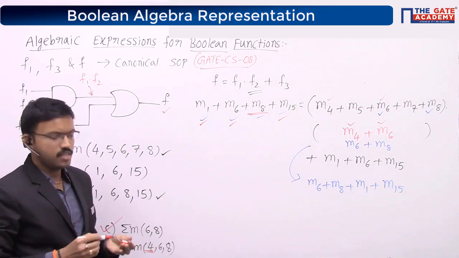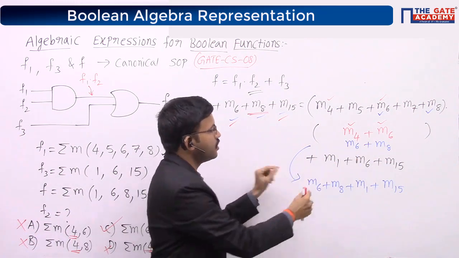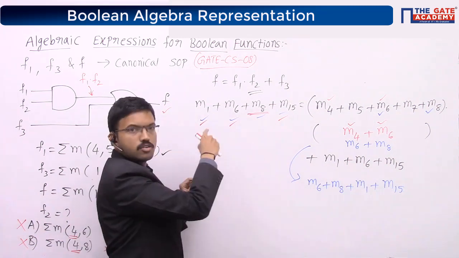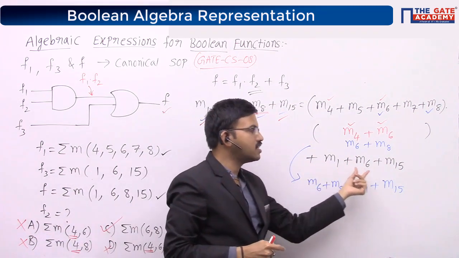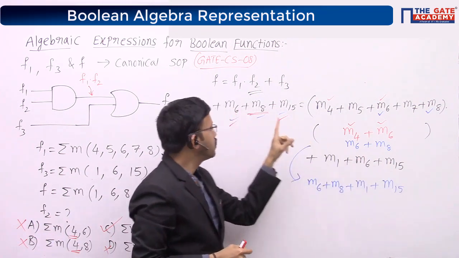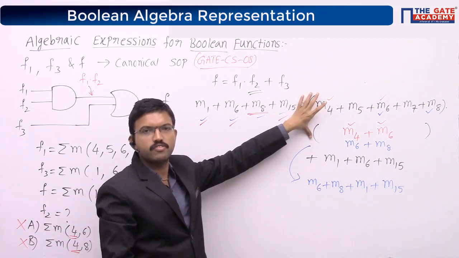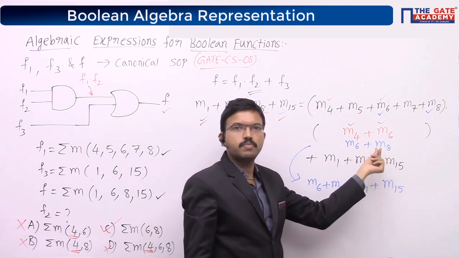So if I can get only m8 from this overall multiplication, then that will be the answer. See here, I am already having m1, m6, m15. In the overall output, you should get these 4 minterms. Among the 4, I already have 3 minterms, 1, 6, 15. So if I can get 8 from this overall multiplication, that will be sufficient. If I consider F2 as M8, the answer is 8.